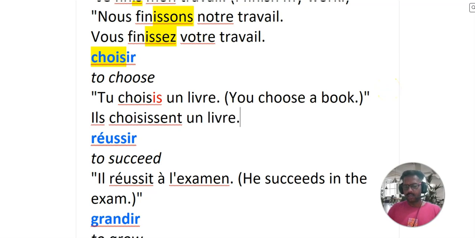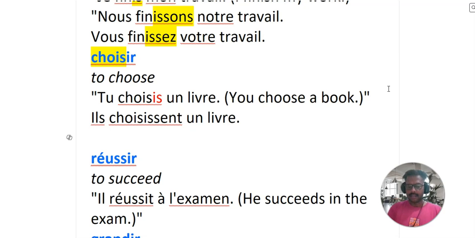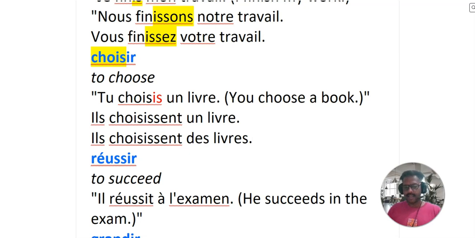That means they choose a book. And then if I want to say many books, we can say ils choisissent des livres, with s.